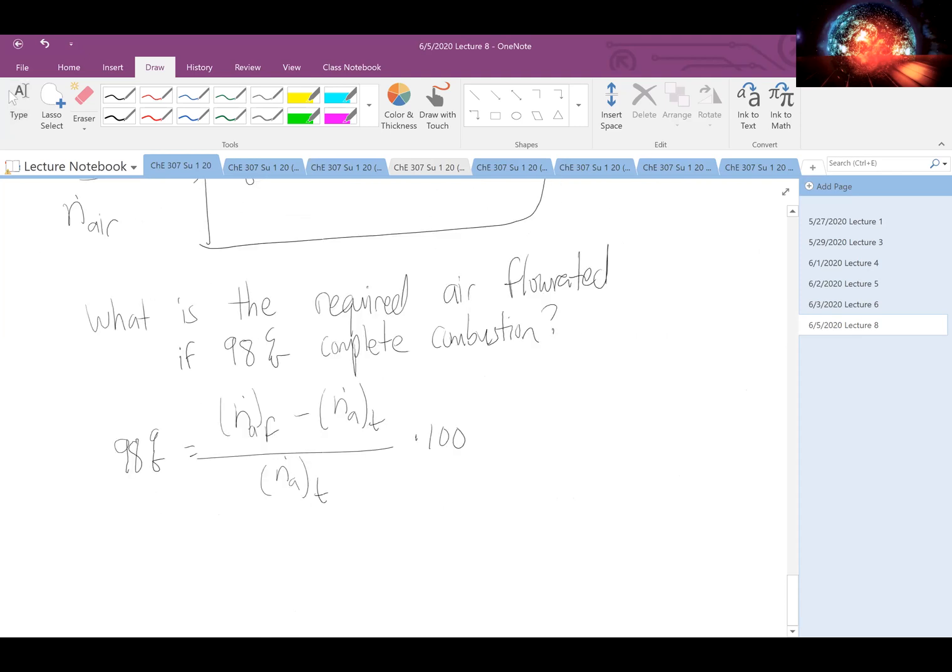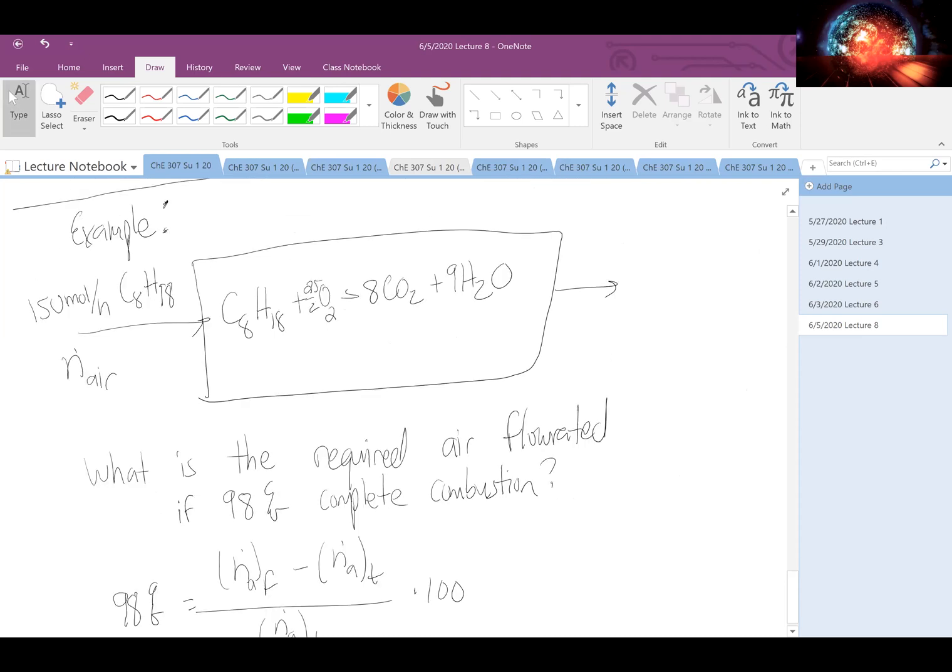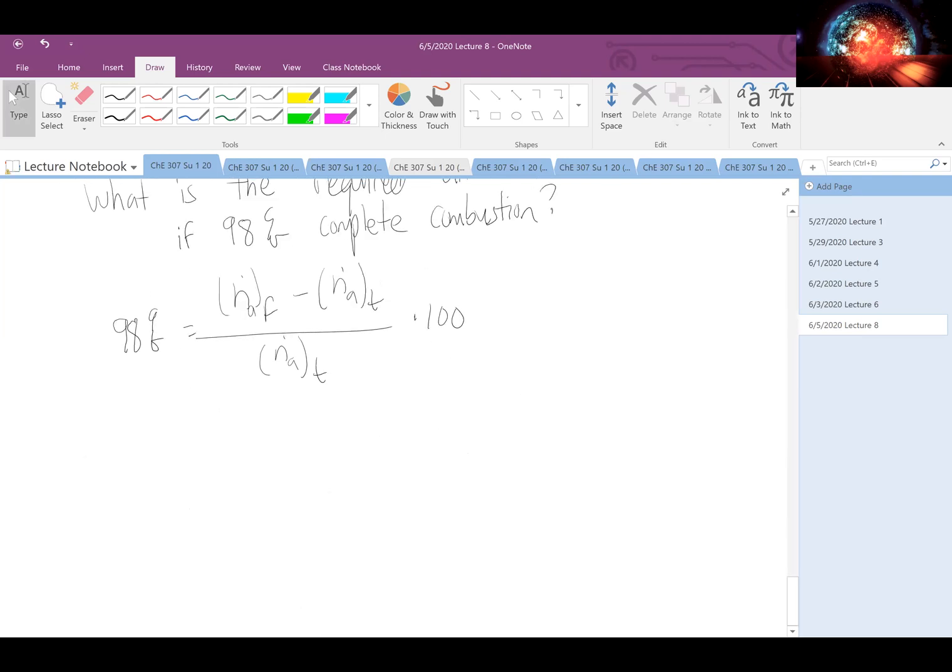Well, I'm looking at my stoichiometry. For every mole of octane that combusts, I need 25 over 2 or 12.5 moles of oxygen. So my theoretical amount of oxygen is my 150 moles of octane times that stoichiometry.